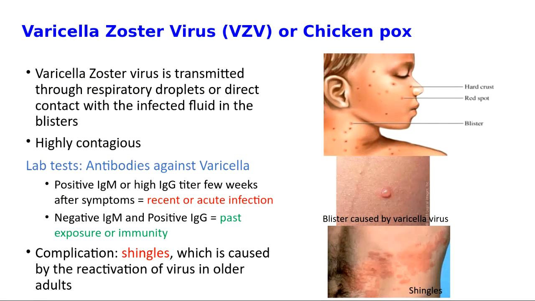But if they only find IgG antibodies, anti-varicella IgG antibodies, then that means that they had past exposure or immunity. So again, this is the extension. If you understand this, the presence of IgM type of antibodies, and remember that the antibodies have to be specific, then that means recent exposure. IgG is immunity or past exposure to the organism.